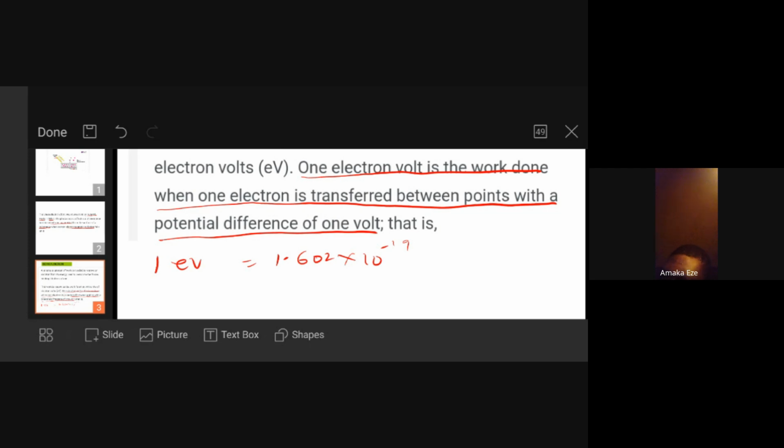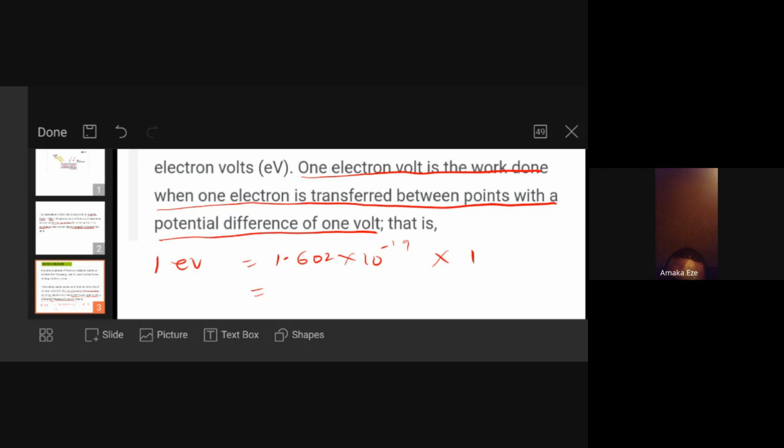Of course, you know, charge is measured in coulombs, all right? So this is the charge of an electron multiplied by 1 volt, which is the potential difference. If I multiply this charge in coulombs by the potential difference in volts, the product of these two is going to give me our conversion in joules. Anything multiplied by 1 gives us back that same thing.